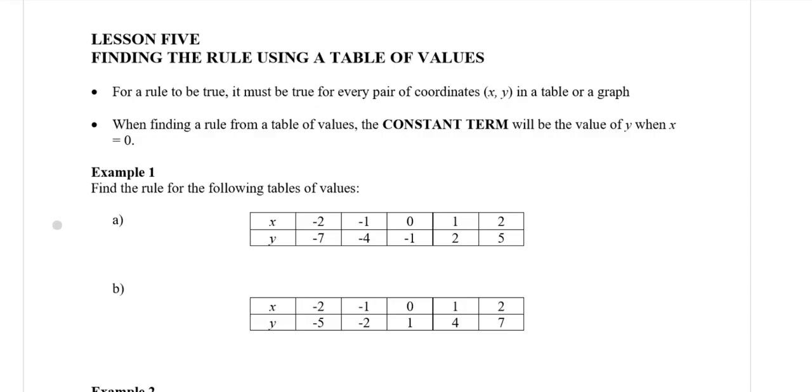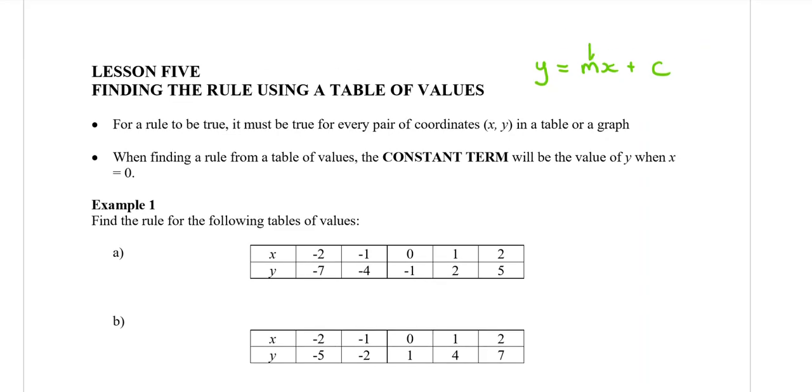So we want to find the rule using a table of values. Now we know that straight lines have equations in the form y equals mx plus c. If you're looking in older books, it may say mx plus b. Doesn't matter which letter you really use there on the end.